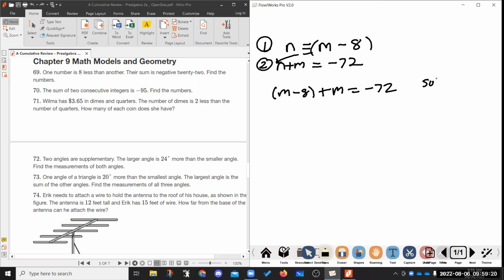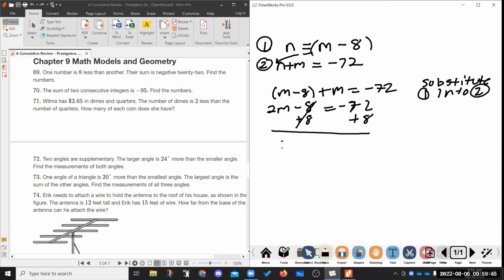We're substituting 1 into 2. Okay, so 2m minus 8 is equal to a negative 72. And I'm going to add 8 to both sides. 2m is equal to a negative 64.